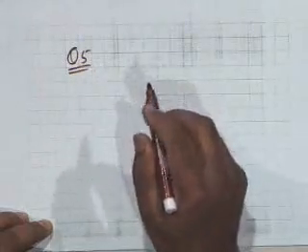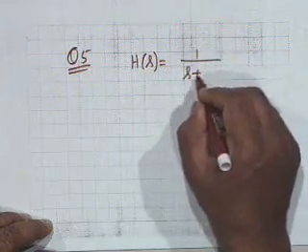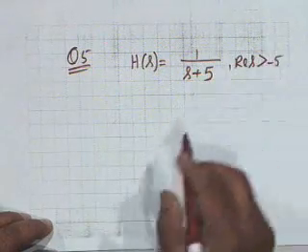The mistakes you made in question number 5, a very modest term for this mistake is Himalayan, because capital X of s doesn't exist, and all of you transform x of t, almost all of you, there are exceptions. You see, question 5 says, find the response of the system with the transfer function h of s equal to 1 by s plus 5, real s greater than minus 5.